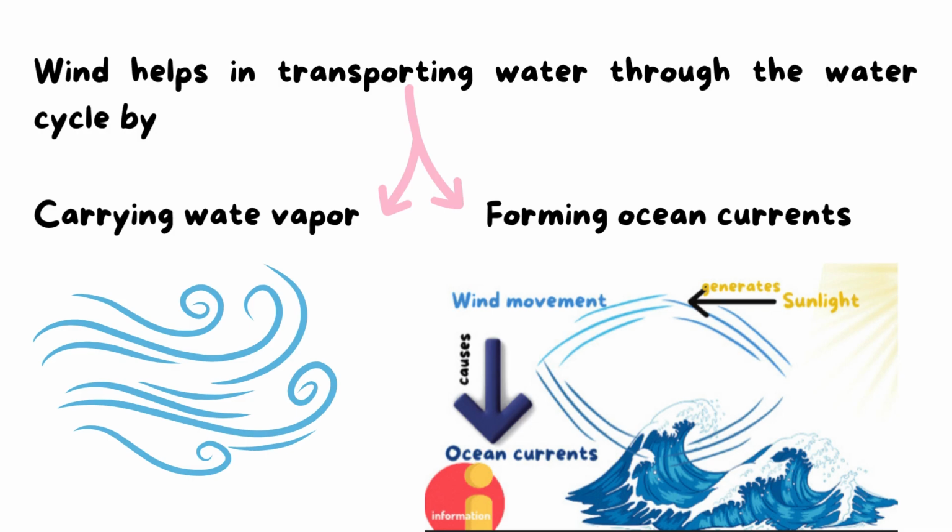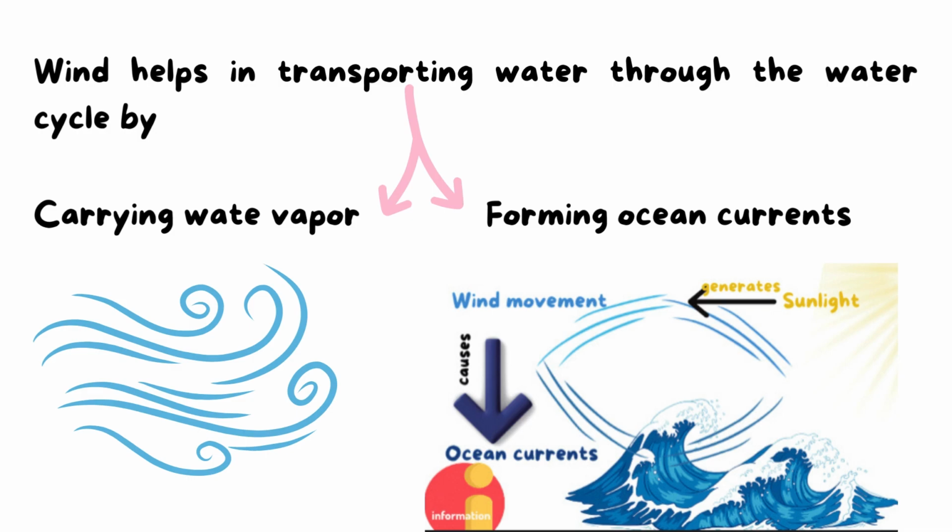So here we will discuss this point: wind helps in transporting water through the water cycle, by carrying water vapor and by forming ocean currents.